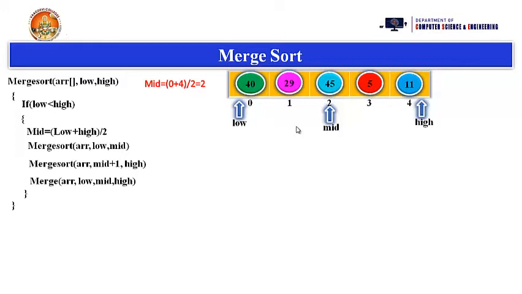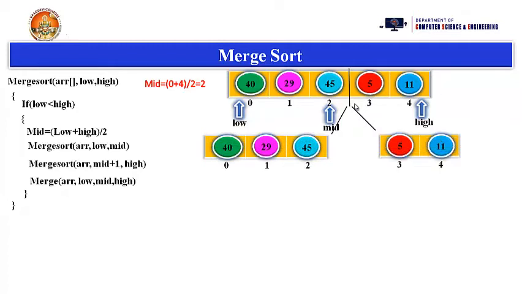Now we need to divide this array using the mid position: from low up to mid we take one subarray, and from mid plus 1 to high we take another subarray. So we have subarrays like this, and so on. We need to divide the array into subarrays until we get one element in each subarray.